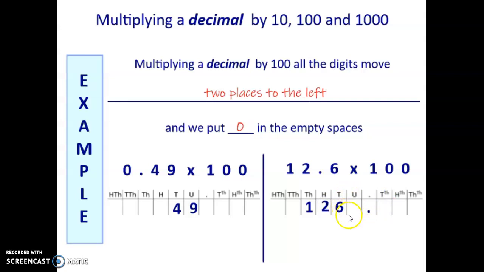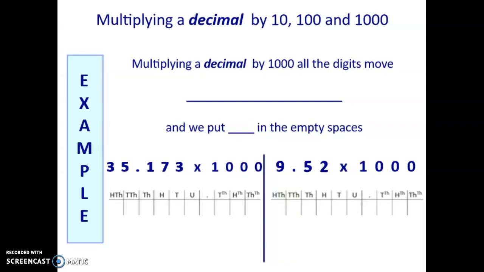This time I have an empty space under the units. What goes there? That's right, it's a 0 placeholder. We can get rid of the decimal, but it doesn't change our number. 12.6 times 100 is 1,260.